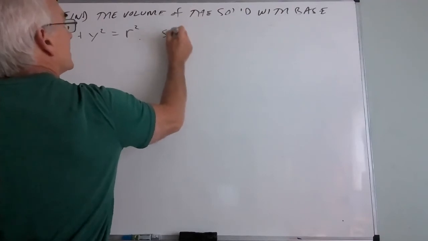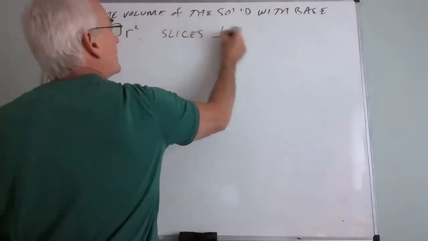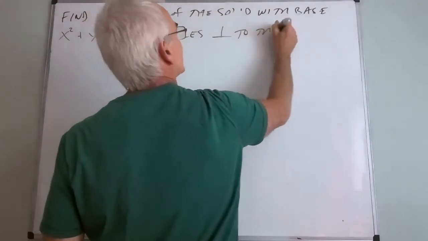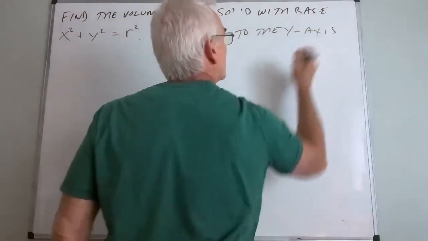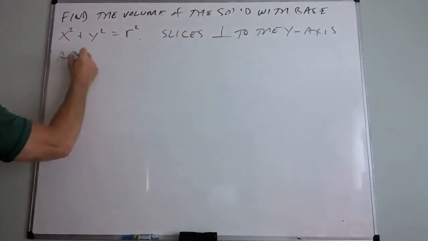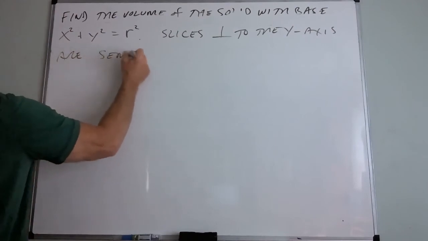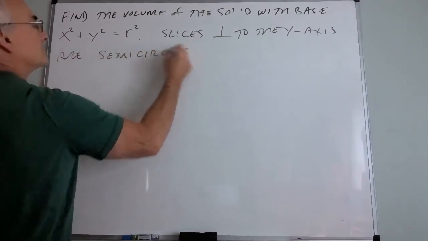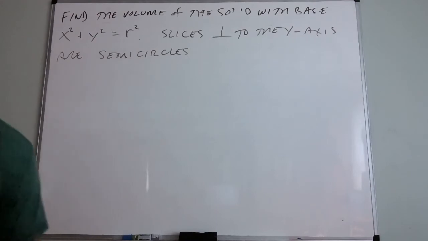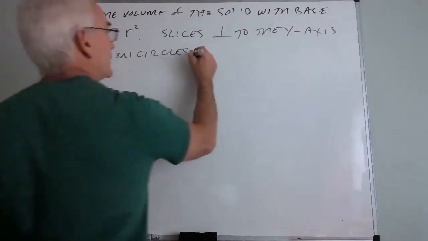Let's say slices perpendicular to the y-axis are semicircles. Oh, and find the volume.